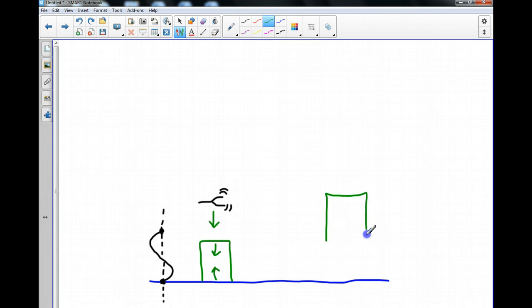Right? So let's say here's my pipe open at one end, like that. The boundary conditions for a pipe open at one end are this. There's a node at the closed end of the pipe. And this is a displacement node, because air particles at the closed end can't move up or down. They're fixed in their position.